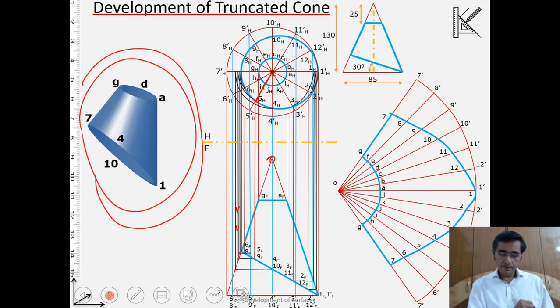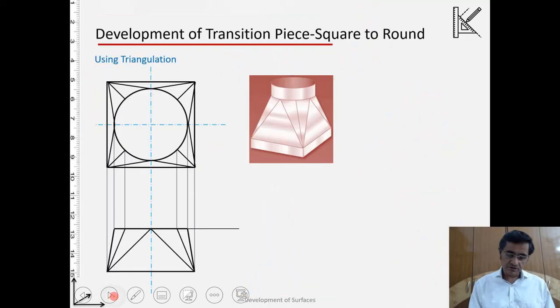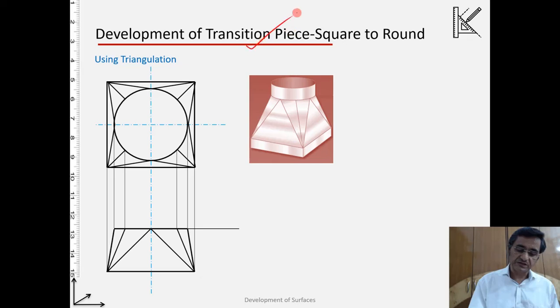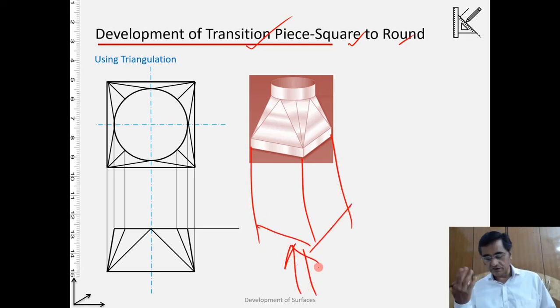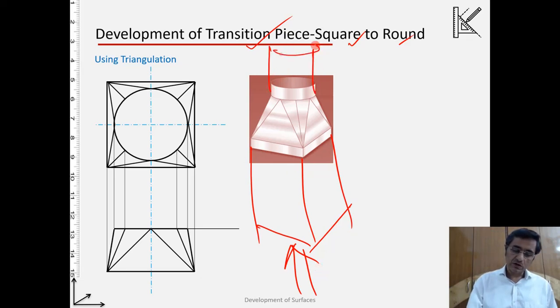Now let us go further from here, and we will see the development of a transition piece. In this case, the transition piece is square to round. So there is a pipe, as I said earlier, which is bringing some, say, gas, and the further pipe is circular.